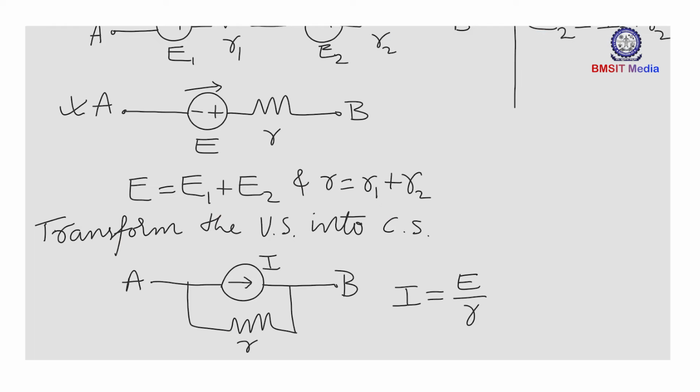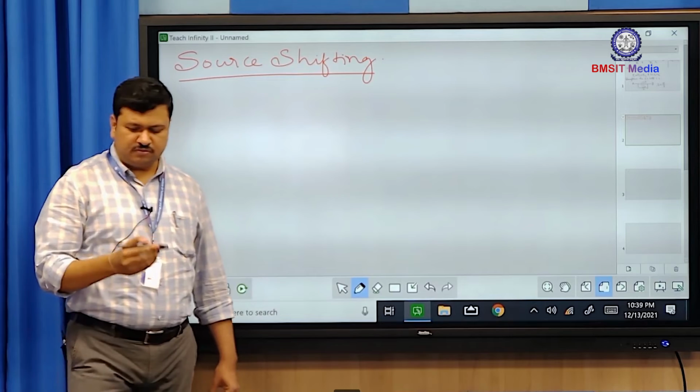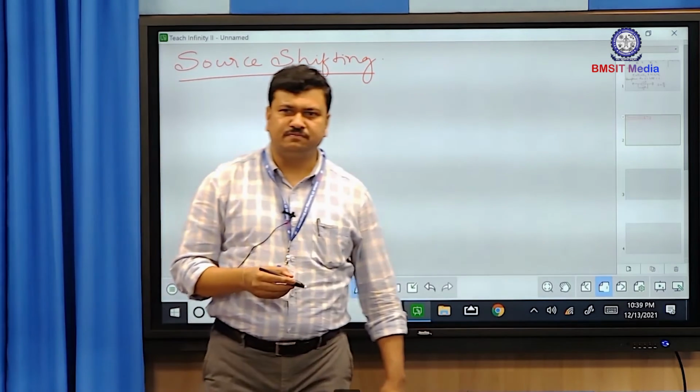So the next point of discussion we would like to move to is source shifting. So far what we have seen is the source transformation. Okay. So here we transform sources from voltage source to current source and current to voltage source. Now I would like to discuss the source shifting technique. Now what does this source shifting mean and why should we follow this, or why do we need this?